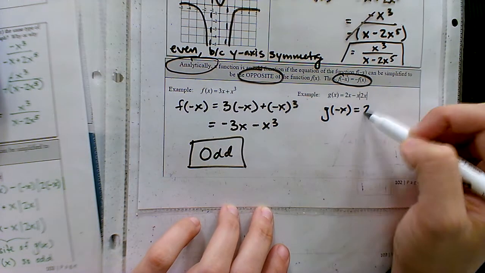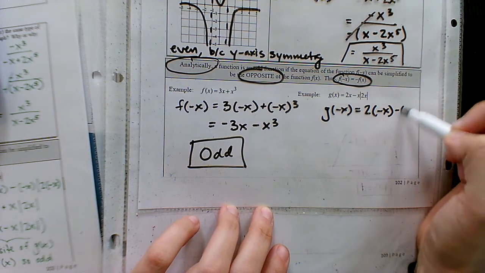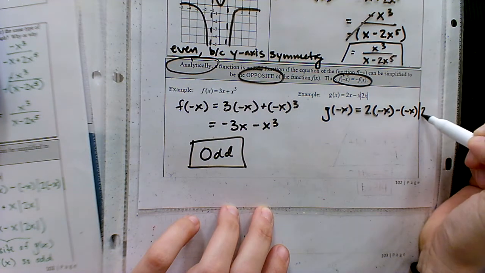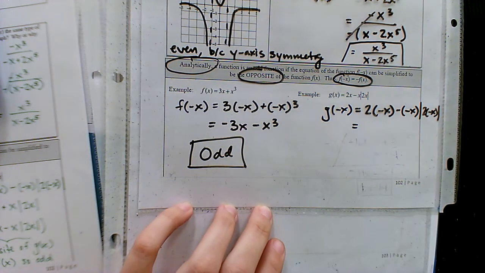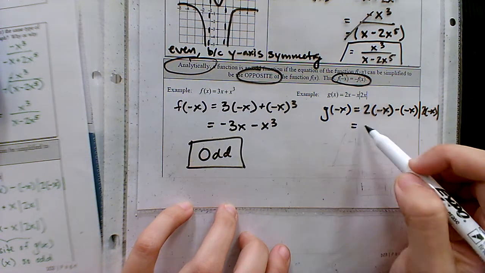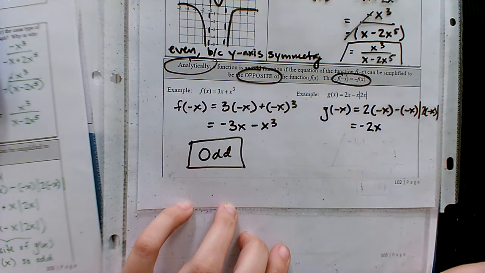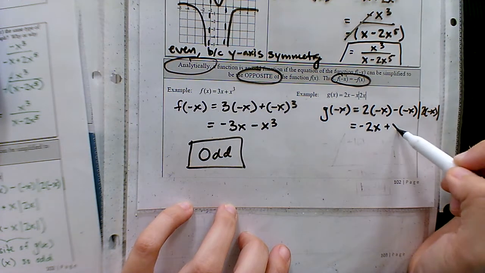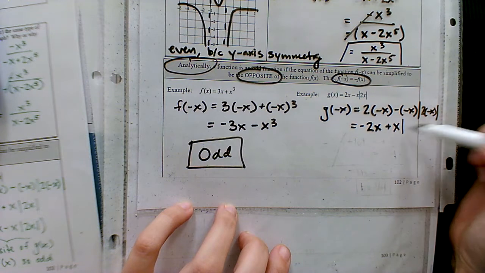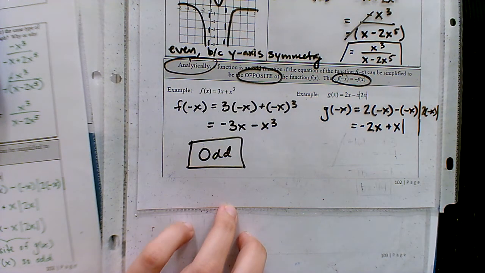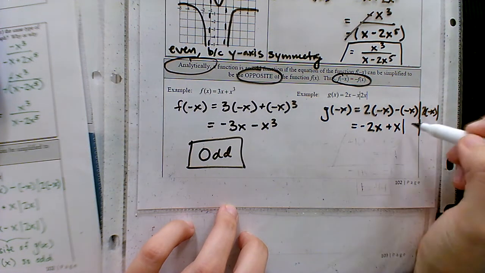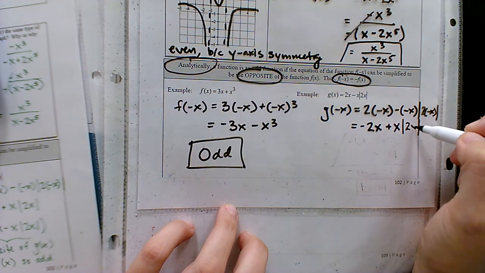Let's try the next one. So we're going to plug in negative x. And we'll simplify. So negative 2x for the first term, and then a plus x. We're going to end up with a negative 2x inside the absolute value, but we know the absolute value can kind of cancel out that negative.